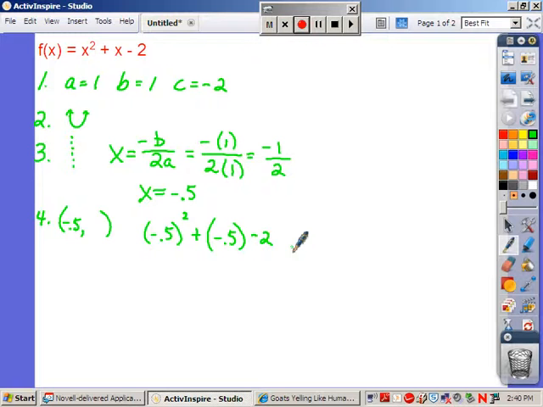So all I did was substitute the -0.5 into the expression so that I can get an answer for it. If you type that exactly how it is on the calculator, it's probably the fastest way, especially with a decimal, but you'll get an answer that is -2.25. So that's what I'm going to put right here for y, -2.25.